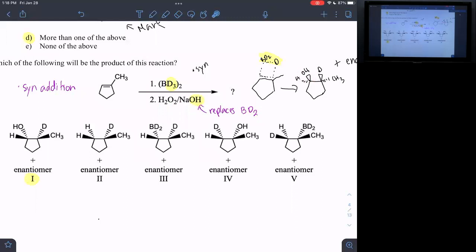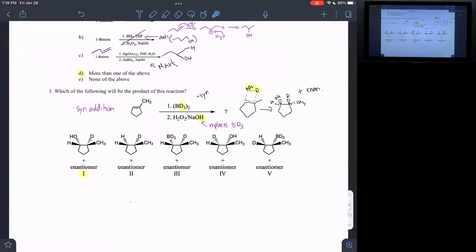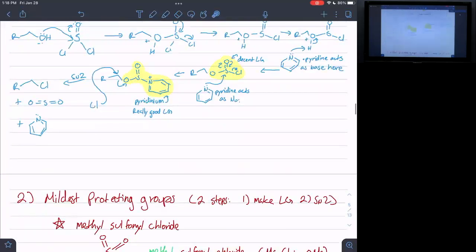And so that's why number 1 was right and number 4 was wrong, because the D is in the wrong spot. Yeah. Okay. So in number 4, the alcohol is on the more substituted carbon, which would be the wrong regioselectivity. Okay.